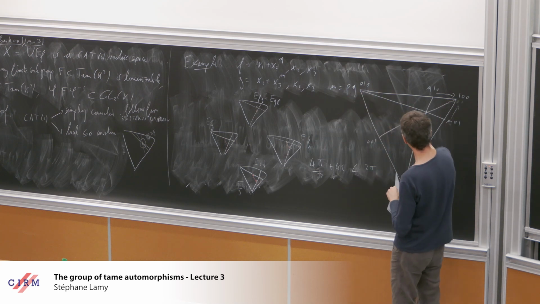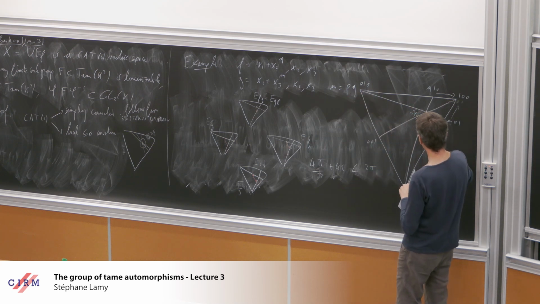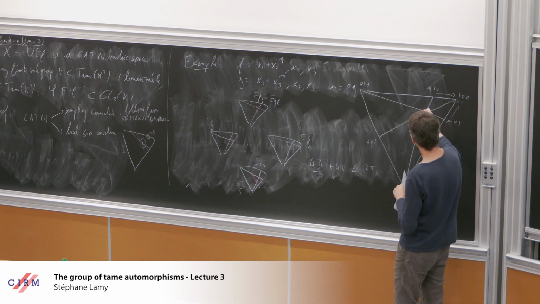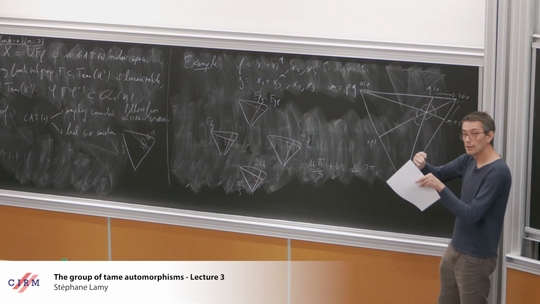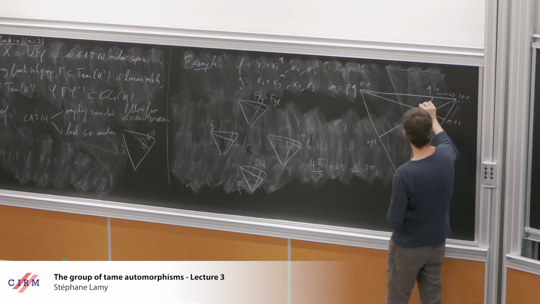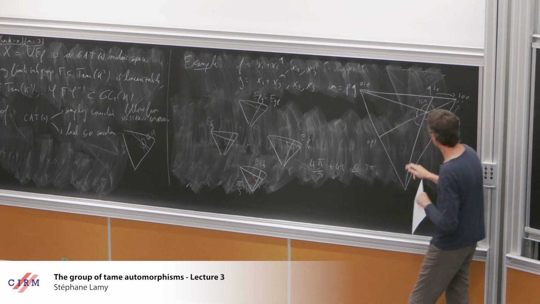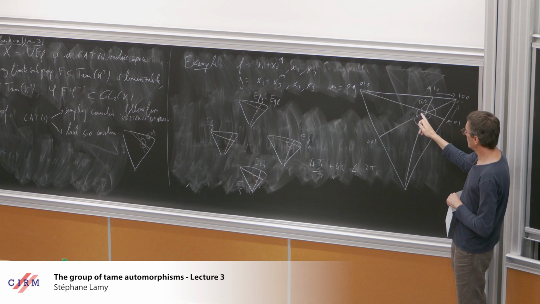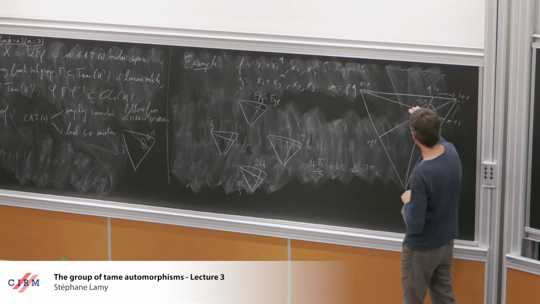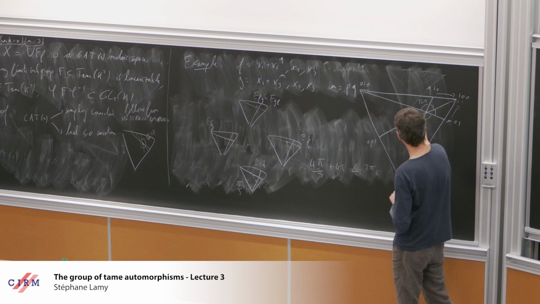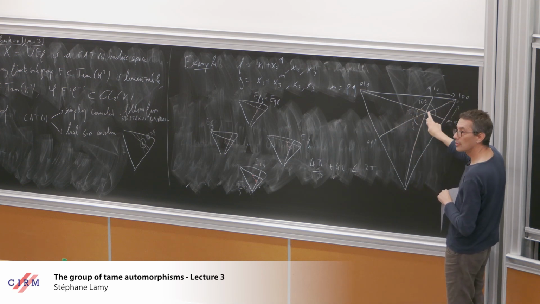And so in fact, these lines in the R2 metric, this one and this one are all equal, and they are all pi over 3. So in fact, in the R2 metric, the good metric, this angle is always pi over 3, and here pi over 3, and it doesn't change when the point is moving.